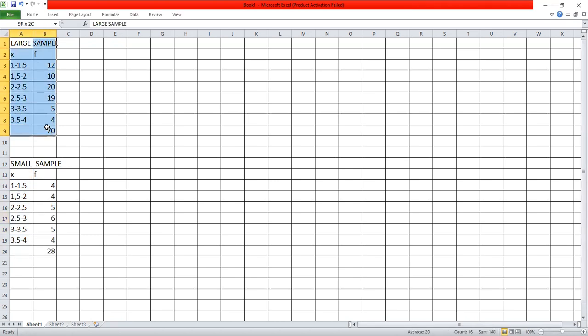So let's test that hypothesis: H0 mu is equal to 2.7 against HA mu is greater than 2.7 for a large sample. Now, what should guide you when you're testing a hypothesis? What should guide you is the test statistic. The test statistic for a large sample is the Z test statistic, which you have written somewhere.